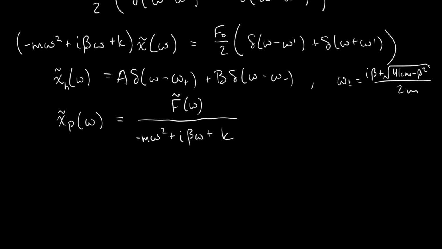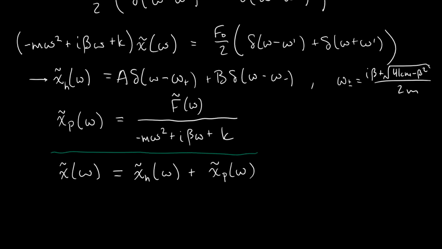This also solves this differential equation, or in this case, algebraic equation. But I know that since the homogeneous equation always gives me 0, I can always construct a total solution, which is going to be this homogeneous solution plus the particular solution. This has to be the case.